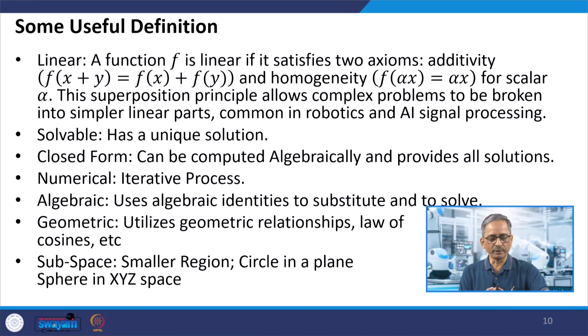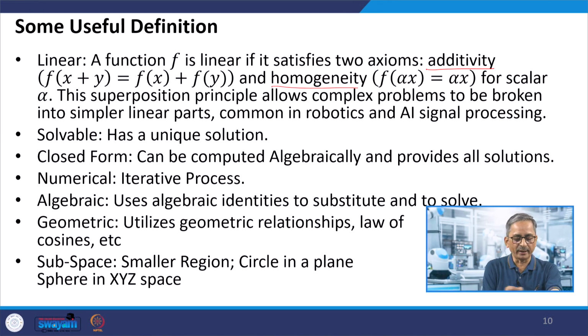So, before we proceed further, let us look at some useful definitions. What do we mean by a function being linear? A function f is linear if it satisfies 2 axioms: additivity and homogeneity.